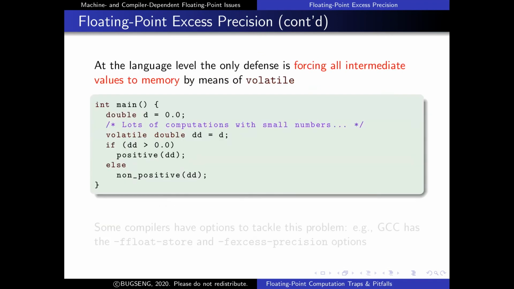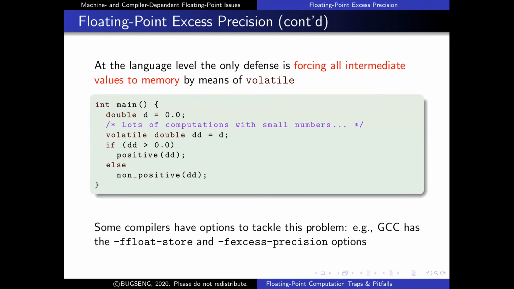So at the language level, the only defense is not very appealing, because it amounts to forcing all intermediate values to memory using the volatile qualifier. Here in this example, we force the compiler to write the value to memory before testing it.